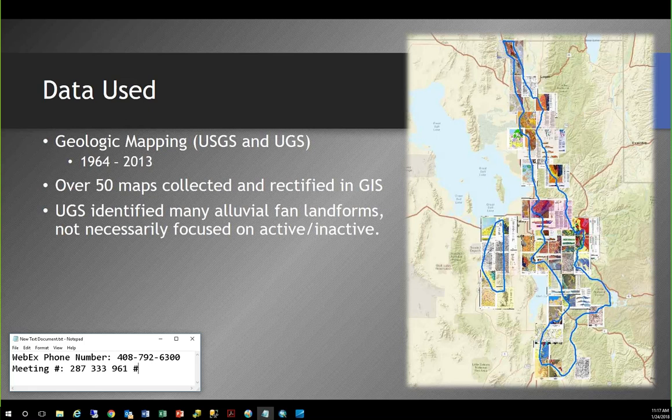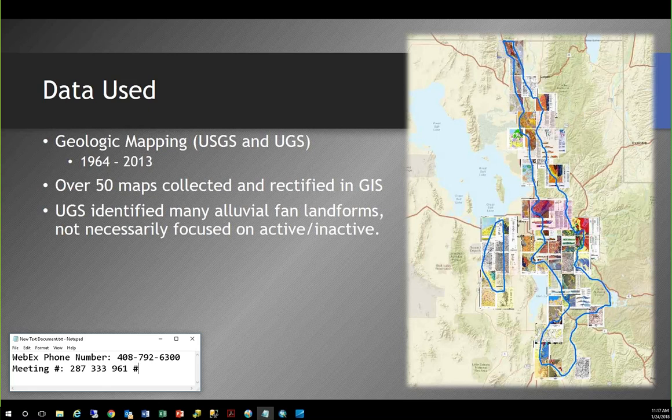And in the mapping, especially the detailed mapping from the UGS, they had already identified many alluvial fan landforms. But their goal wasn't necessarily to look at the active versus inactive designations that FEMA looks at.